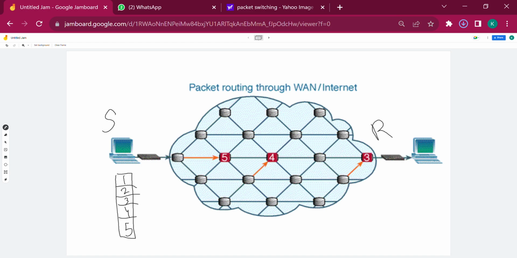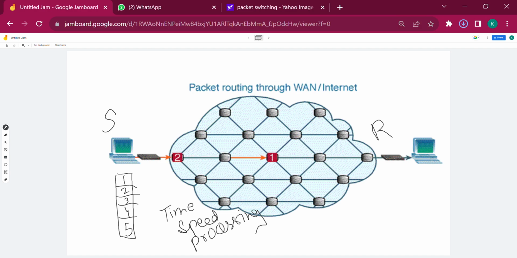So here you can see that rather than traveling in a series, we are sending the data through different paths. So it's quite effective in terms of time, speed, and processing power, and it's quite easy to send the data effectively by using packets, right?